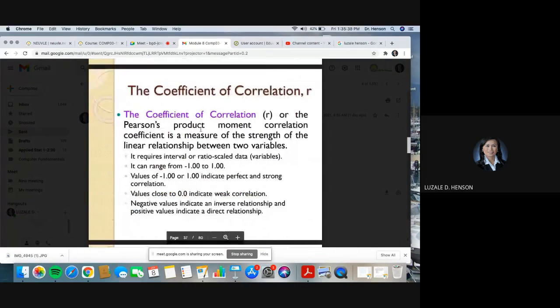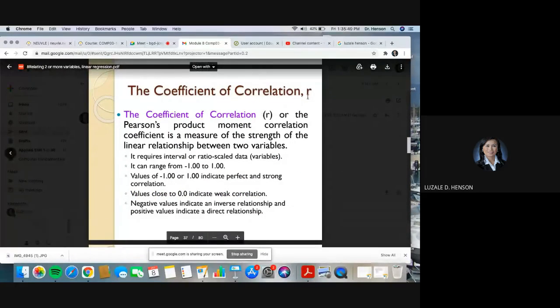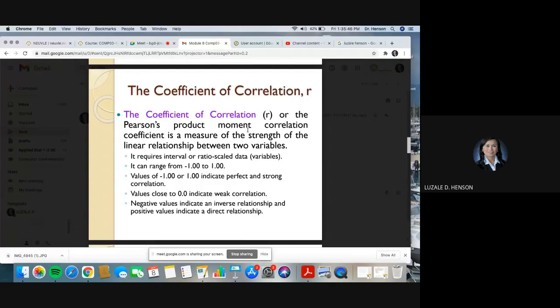Then we have what we call the coefficient of correlation, noted by small letter r. That is the Pearson product moment correlation coefficient. It measures the strength of the linear relationship between two variables. Take note, linear. When you say linear, as x increases, there is the same corresponding increase in y.